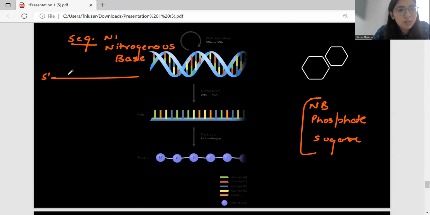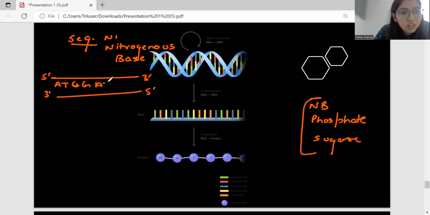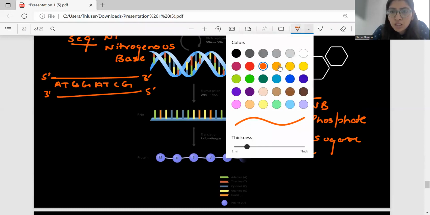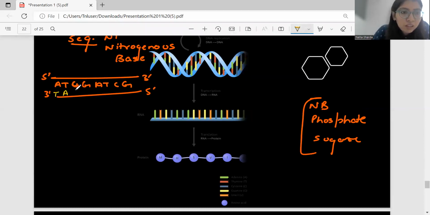So if this is the 5' to 3' strand of DNA, and this is the 3' to 5' strand, this will have a sequence A, T, C, G, A, T, C, G. And the other strand is complementary to it, so the other strand will have T, A, G, C, T, A, G, C. There will be a sequence in DNA.